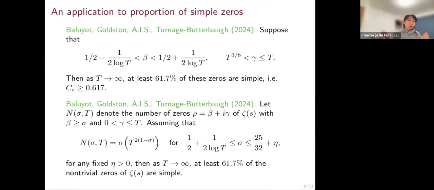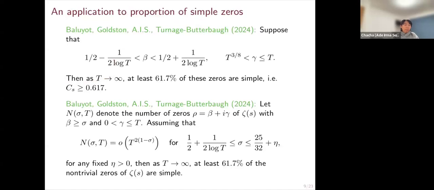We want that to hold not up to the critical line, because we can allow this distance 1/2 log t, so we only assume that it holds up to there. This still looks a little bit strong, but it is so much weaker than RH, and you can still get the same proportion. So basically, I can replace this assumption with this one.